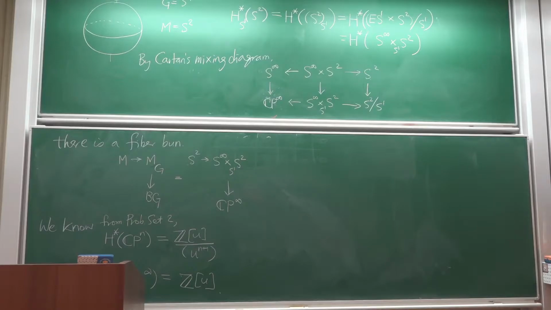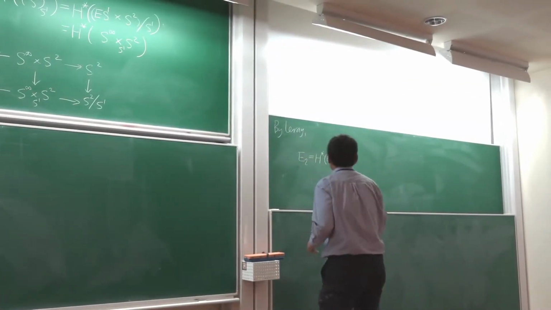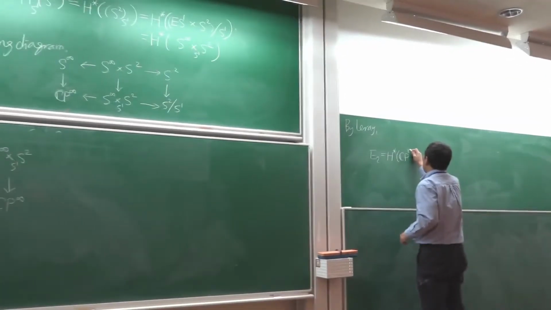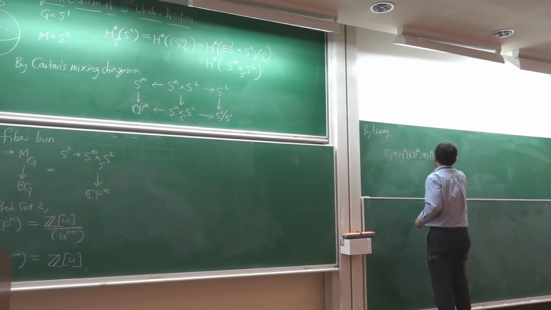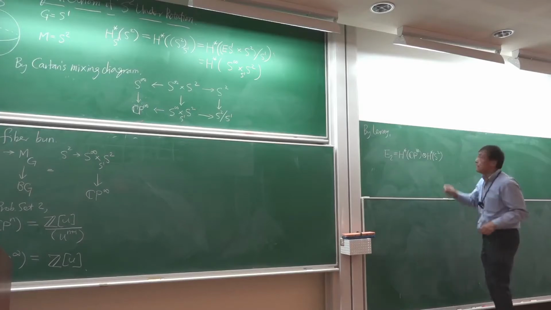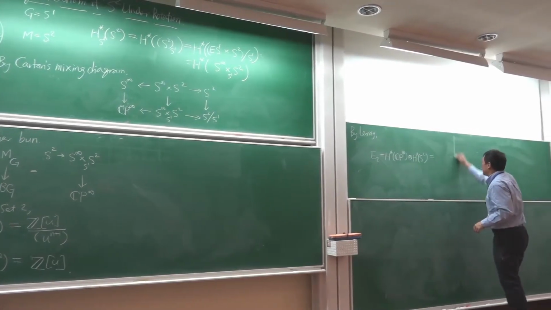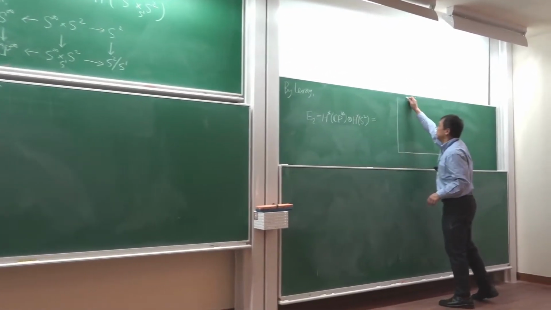So E2 is the cohomology of CP infinity tensor with the cohomology of S2. And that's going to look like this.